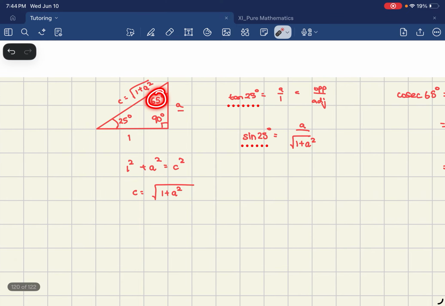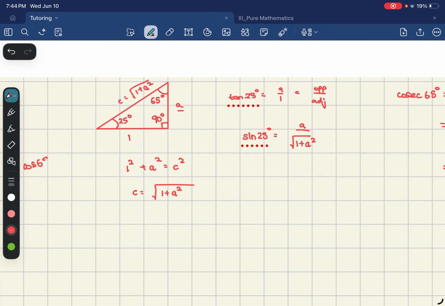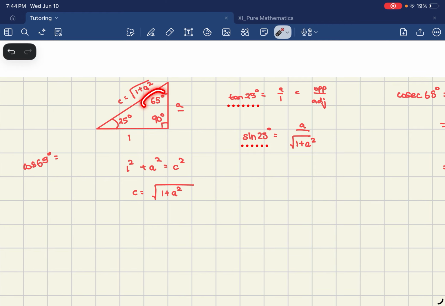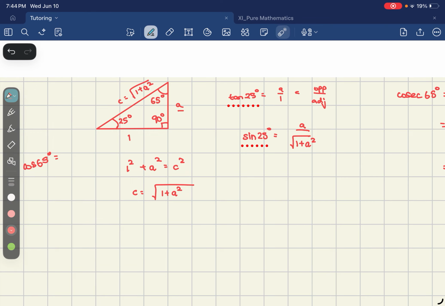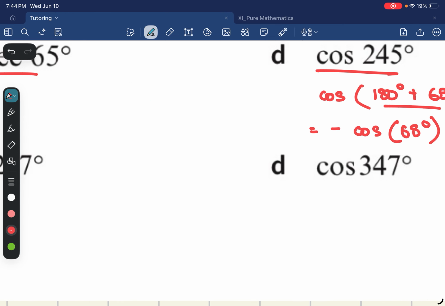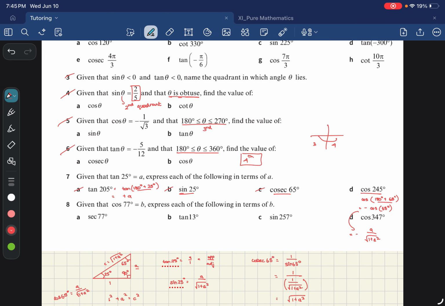Cos 65 is adjacent over hypotenuse. Adjacent to this angle is A, and my hypotenuse is this expression. So that is your solution: negative A over the square root of 1 plus A squared. That is your solution for D, and we are done with question 7.